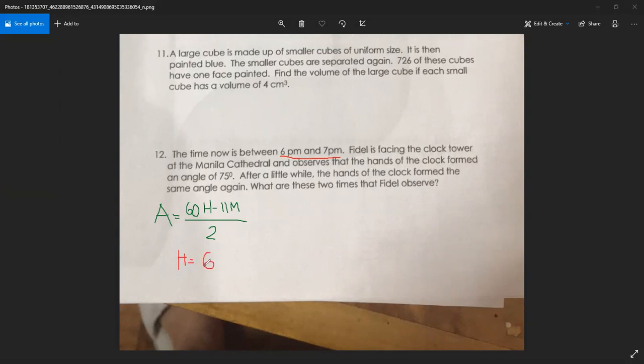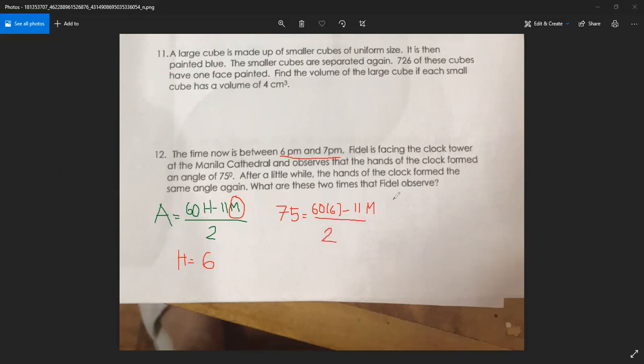What we need to do here is to identify the value of M. The solution now will be 75, since that is A, the angle, is equal to 60 times H, which is 6, minus 11M divided by 2.